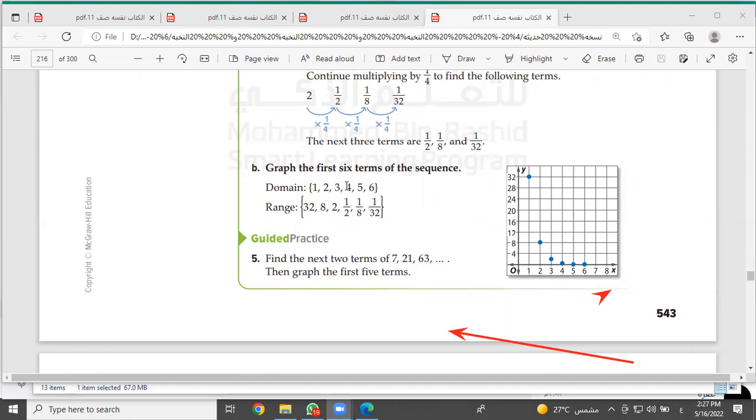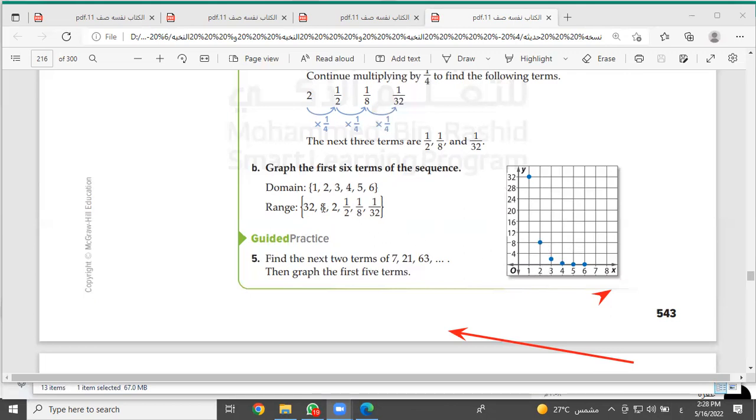For example, first term: x equals 1, y equals 32. Number 2: 8. Number 3: 32 divided by 4, or times 1 over 4, equals 8.